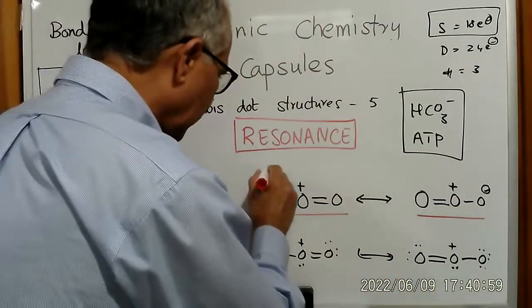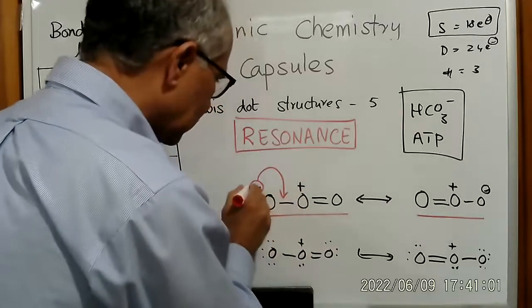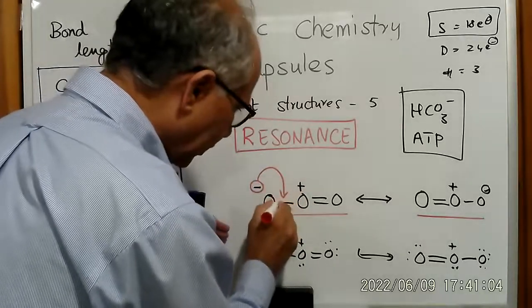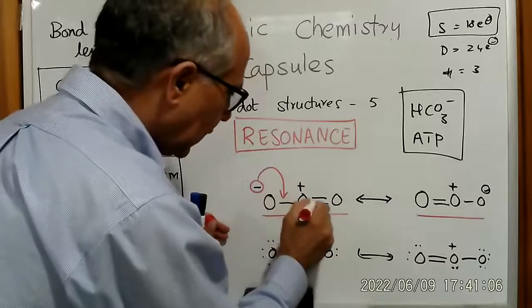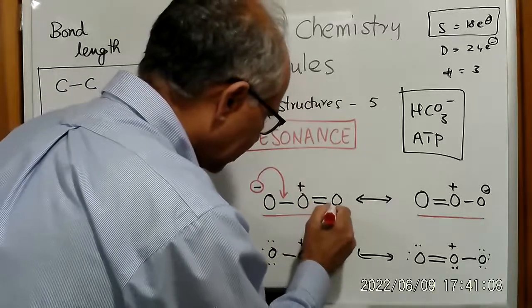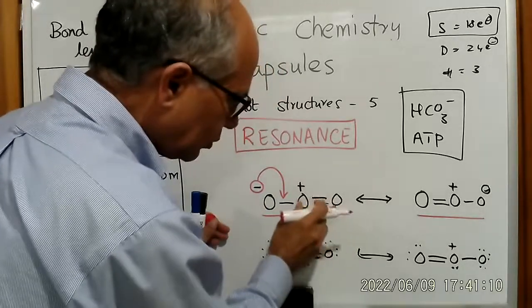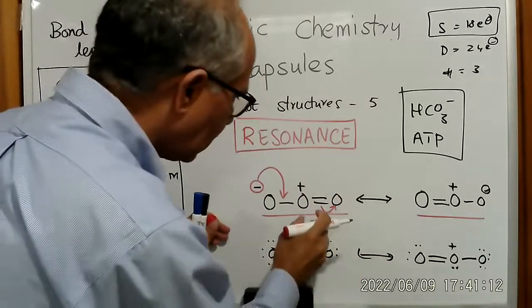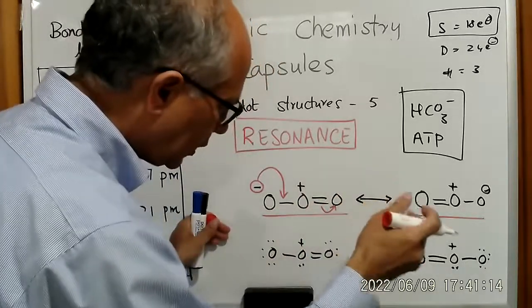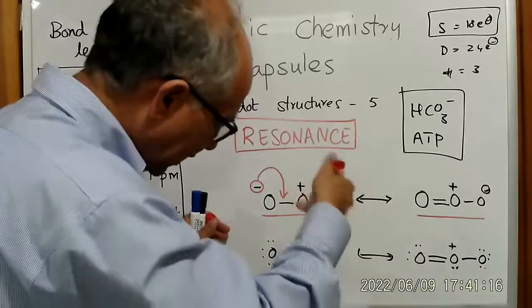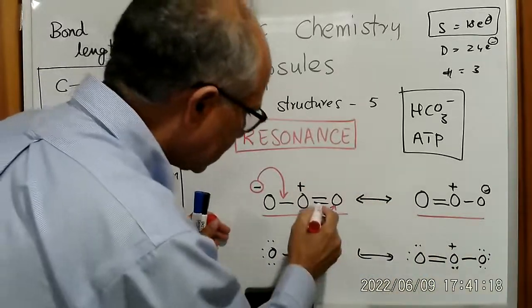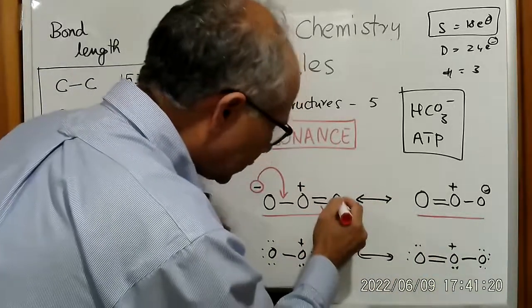So that is what we show like this. So these two electrons moved here to form a double bond, and then these two electrons, one of the two bonds, the single bond is a sigma bond, the second bond is a pi bond. So the pi bond electrons move to the other oxygen.